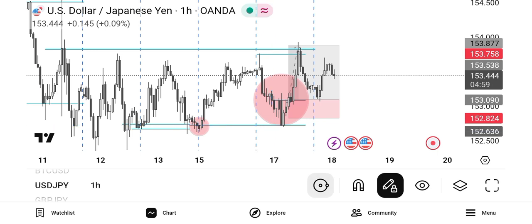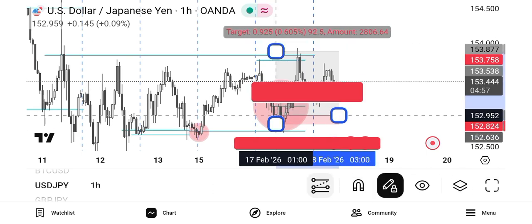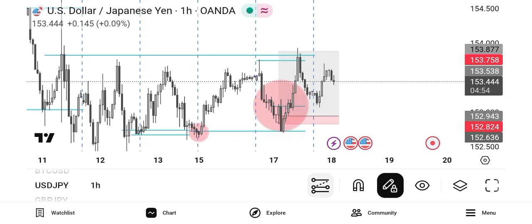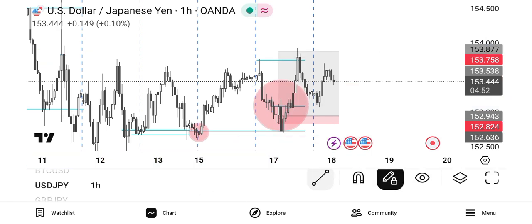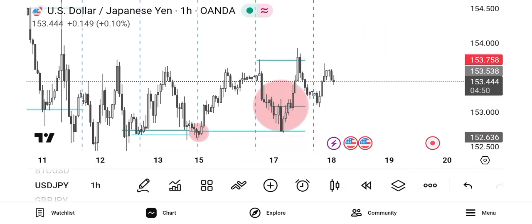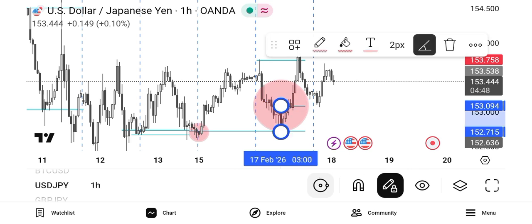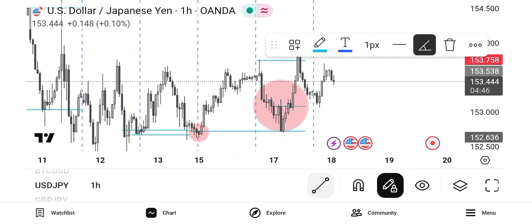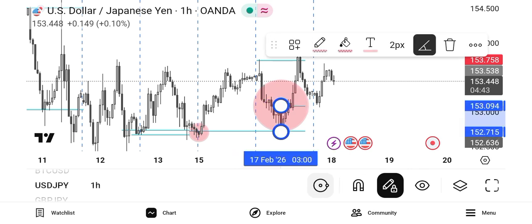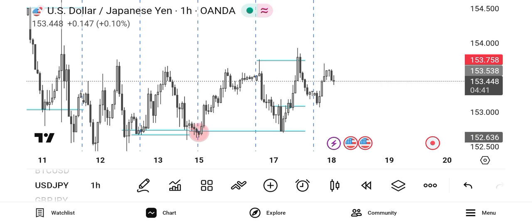A very big difference. So what we do is look for a lower time frame to set your stop loss.